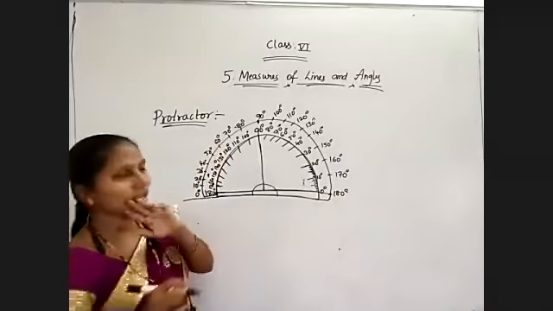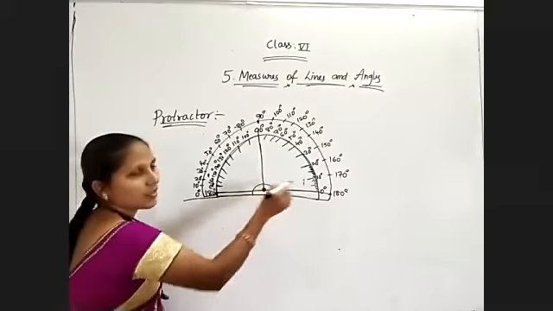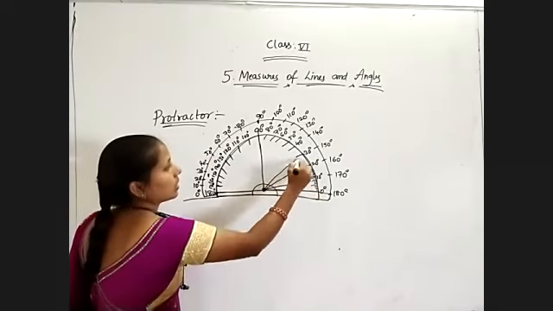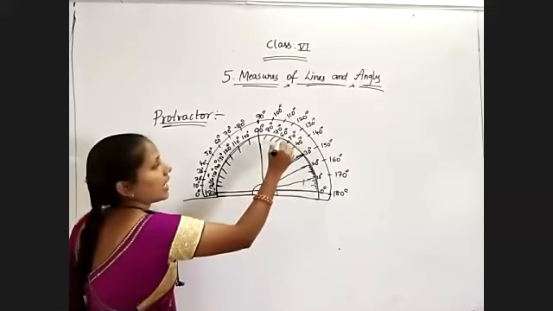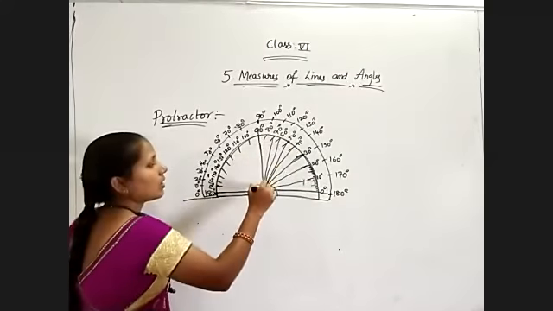So like this, we have the different types of angles shown in the protractor, and you have some lines also. Like this, you will get 1, 2, 3, 4, 5. Like this, these indications we have in our protractor.